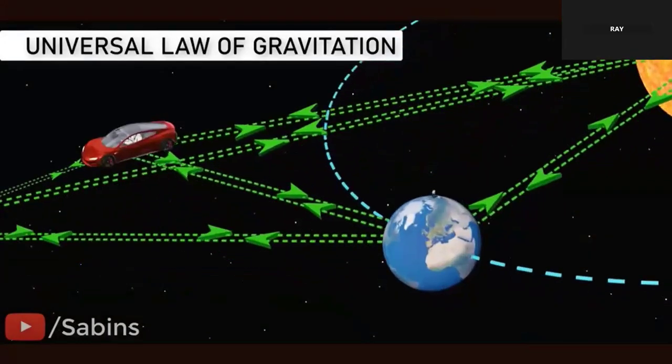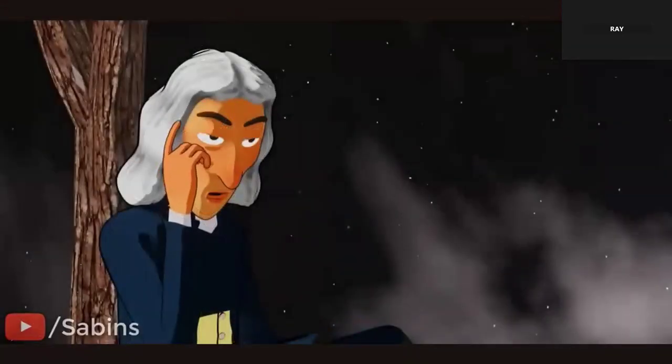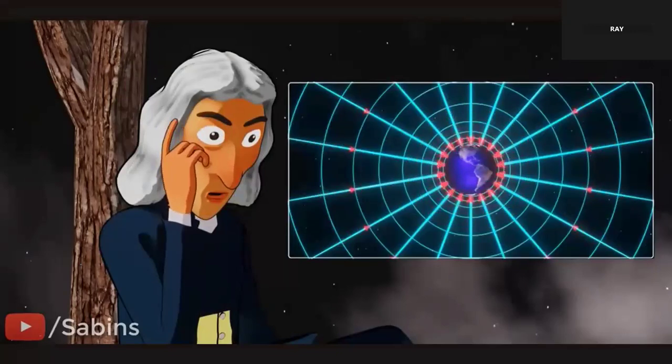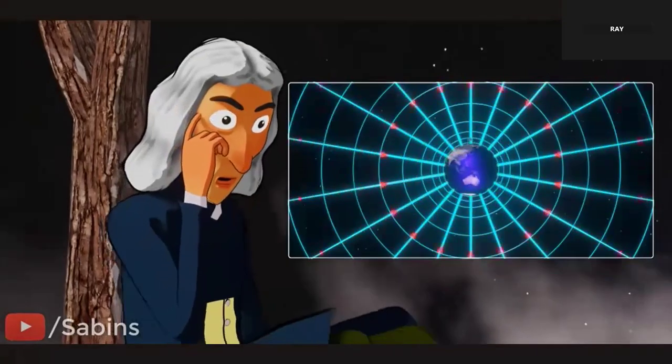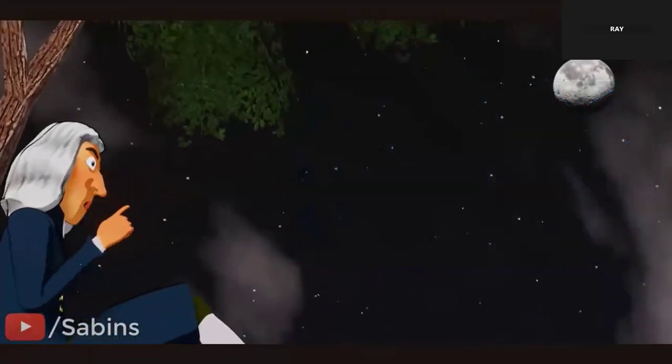Now, the next challenge. Newton wanted to derive an equation to predict the magnitude of the force which arises due to the universal law of gravitation. Newton's intuition told him that the effect of gravitational force would dilute with distance. But to what extent? To get an answer for this question, he looked at the Moon.